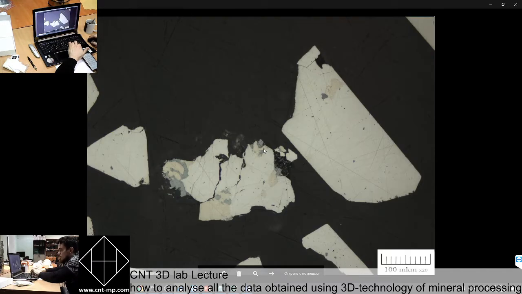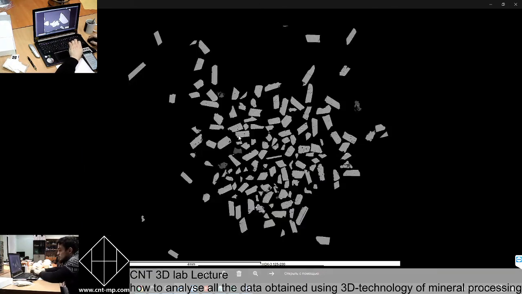And this is once again reflected light microscopy images, and this is already backscattered electron or secondary electron microscope images.